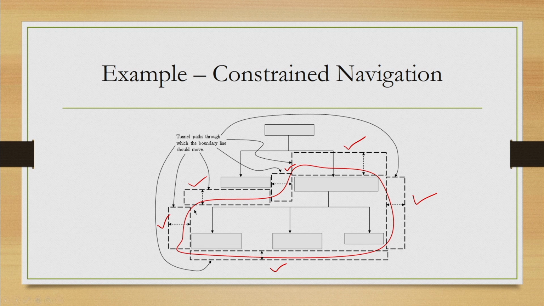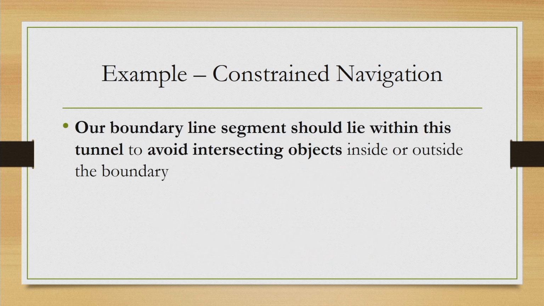Why is that important? Because otherwise the line will cross the object boundaries and intersect those object boundaries, which we want to avoid. So, that is the constraints in our movement behavior.